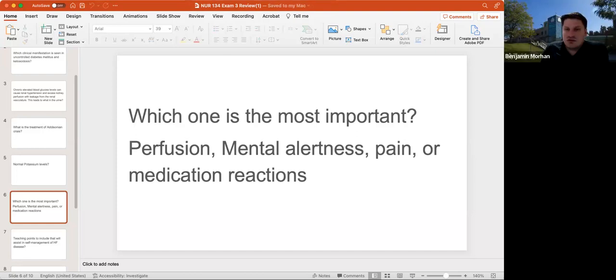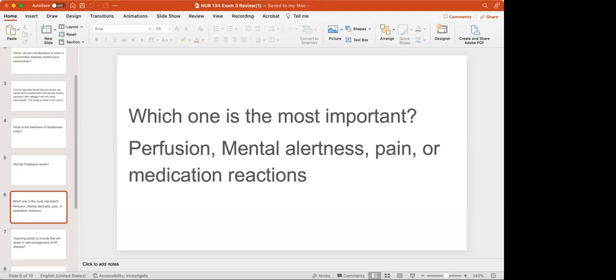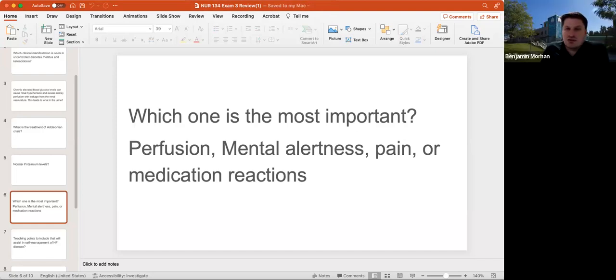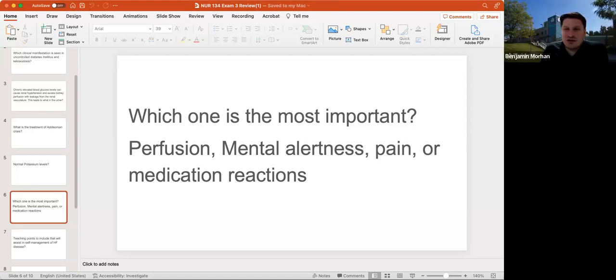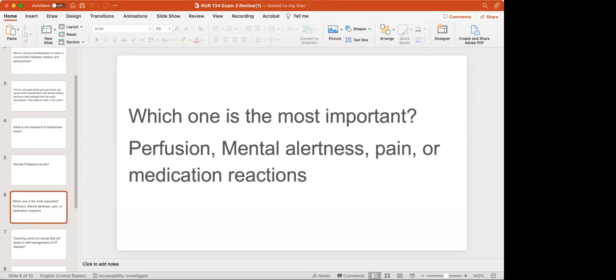Yes, it'll relieve pressure off the cord and give the infant adequate blood flow. So repositioning is your priority, oxygenation is your priority. Call the provider once you do those.